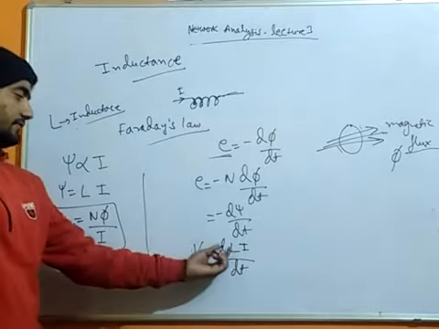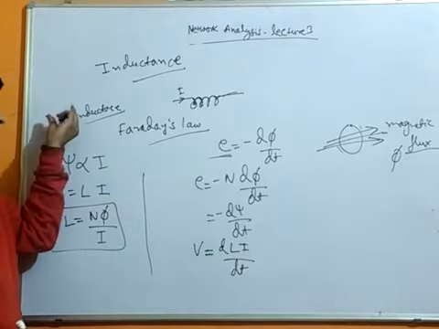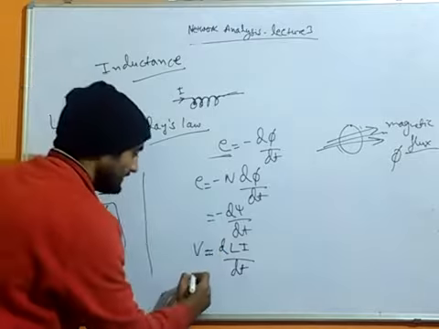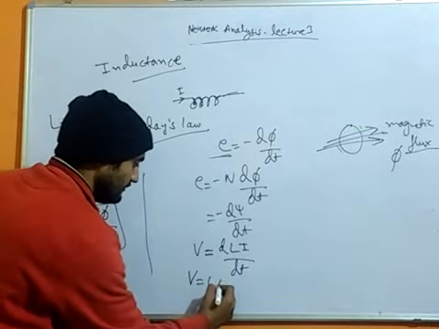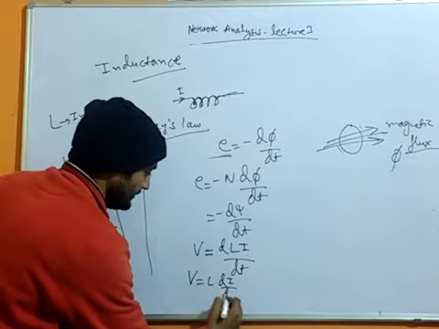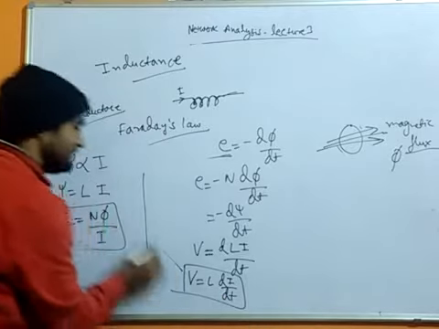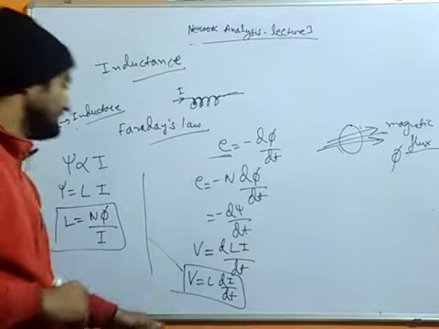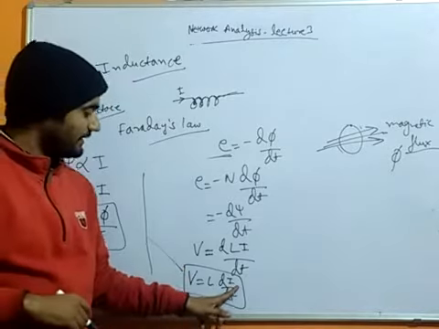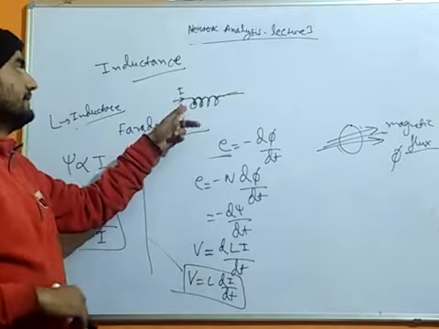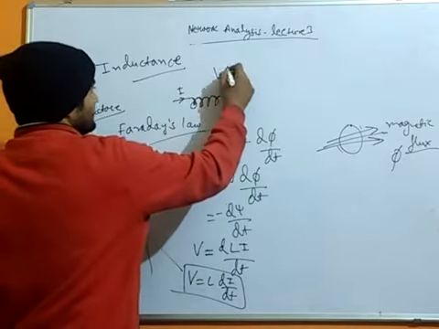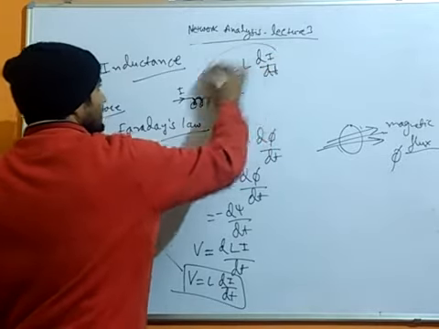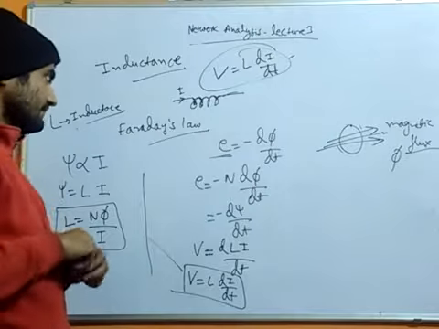Overall, I told you that L is the proportionality constant, that is inductance. So L will be fixed for this element, and so we can take L out, and so we have di upon dt. So overall we have this formula, V equals L di upon dt, and this is the relation between voltage and current for any inductor. The voltage and current relation for an inductor is V equals L di upon dt.